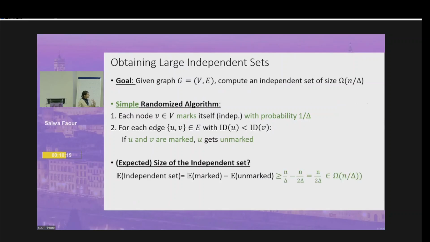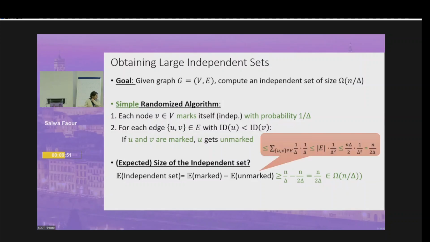And what's the size of this independent set? We notice that in expectation, it's the number of marked nodes minus the unmarked nodes. And in expectation, it's this difference here. To compute this, the expected number of marked nodes is n over delta: take the sum over the nodes of the probability of being marked. And the second term, the expected number of unmarked nodes, can be upper bounded by n over 2 delta.